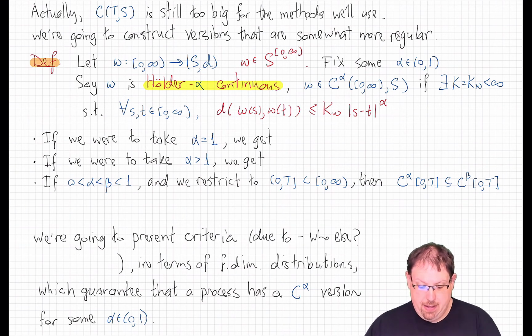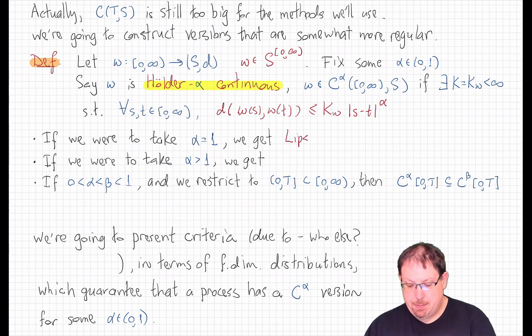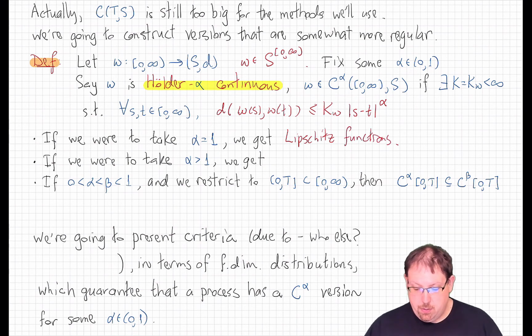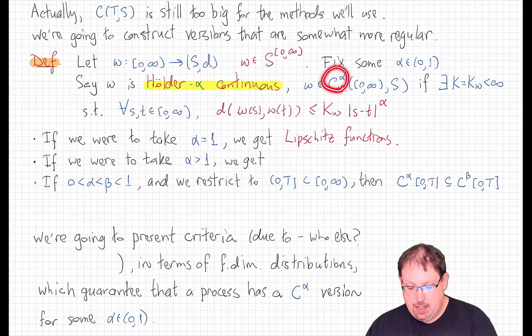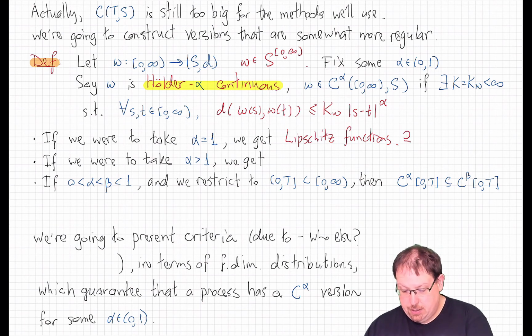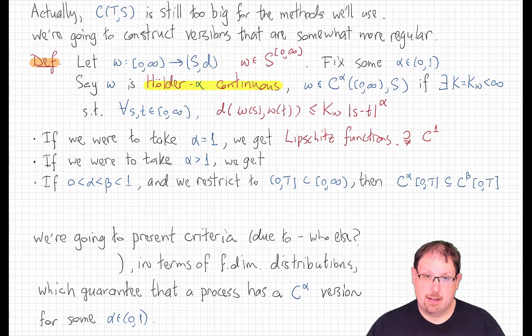Now, if alpha were taken equal to 1, which we're not allowing in this definition, then what we get here is exactly the definition of Lipschitz functions. But we don't include alpha equal 1 because then we would have colliding notation. C1 here would mean Lipschitz functions, but that's not what we usually denote by C1.